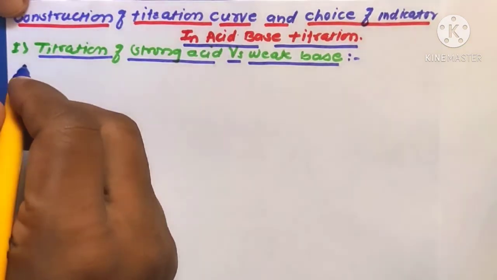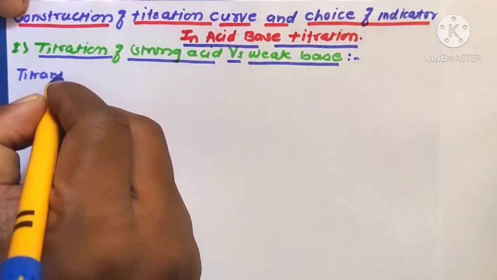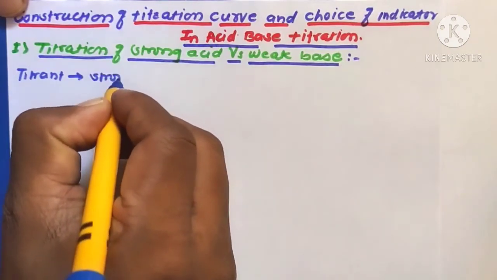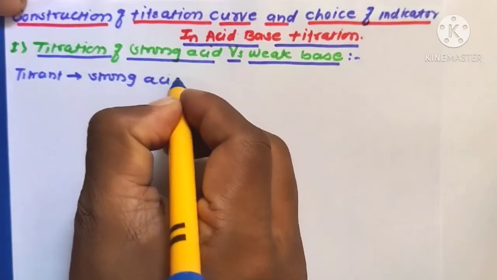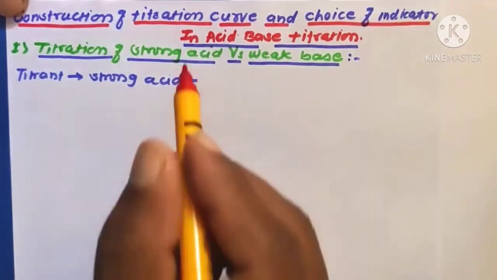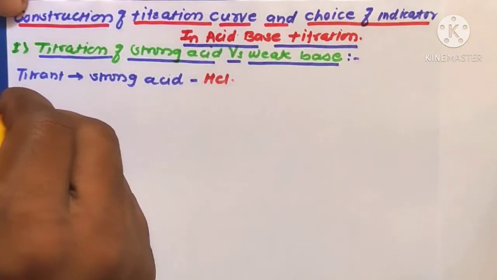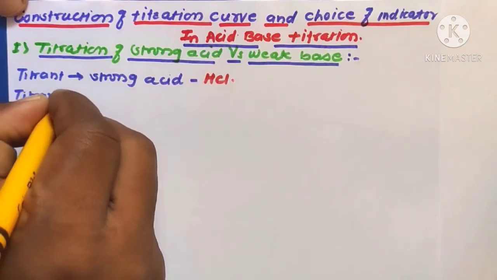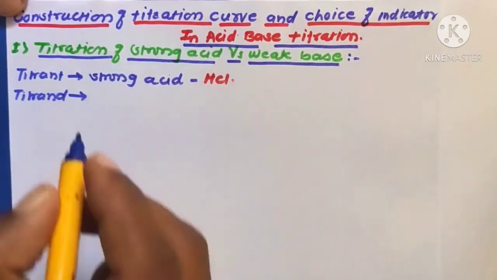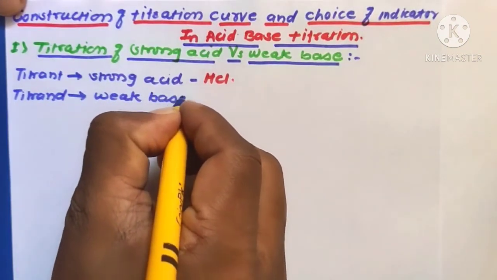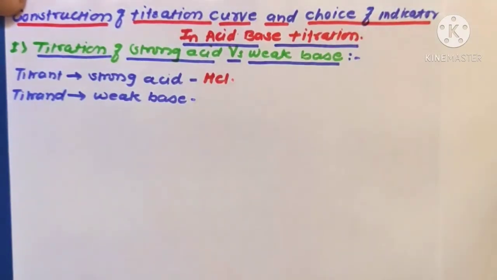In this case, the titrant is a strong acid, like here use of HCl, and the titrant is a weak base, like ammonium hydroxide, ammonia, aniline and hydrazine.